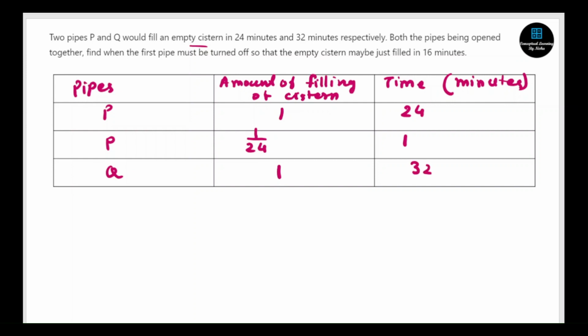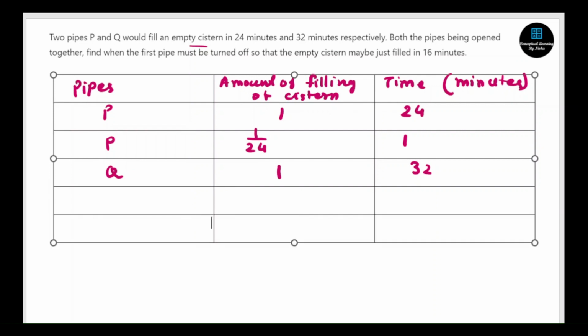So Q can complete 1 over 32 in 1 minute. Correct? And now it is very much important, understand what they are saying. Find when the first pipe must be turned off so that the empty cistern may be just filled in 16 minutes. So see, time taken is 16 minutes total for pipe Q, but not pipe P. P is stopped somewhere before that.